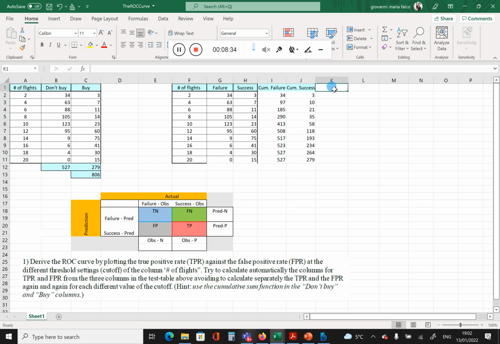So I write here true positive rate, true negative rate, the specificity, and then more importantly the false positive rate, and to have this basically as a function of the cutoff. So this column I want to now call cutoff.